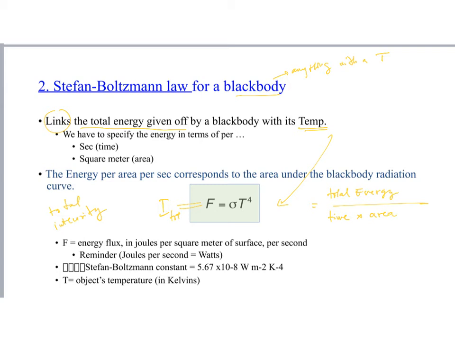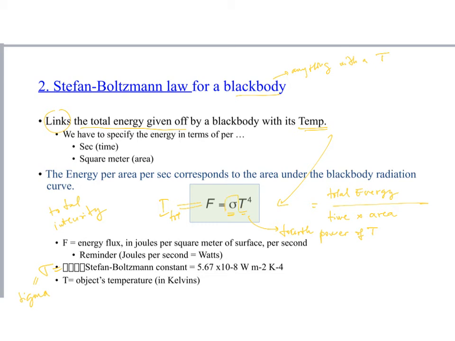All right. Okay, so all that energy is basically proportional to the fourth power of temperature. And then we have this sigma, another Greek letter, that is the Stefan-Boltzmann constant.